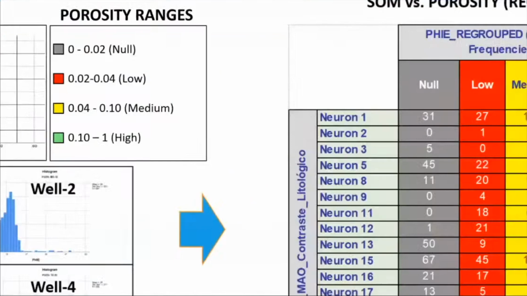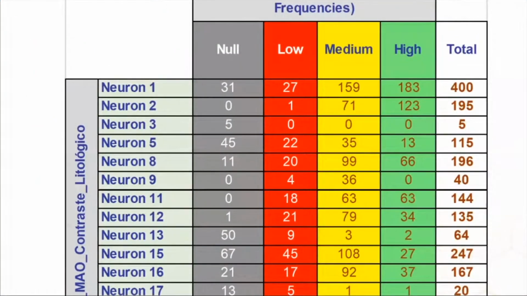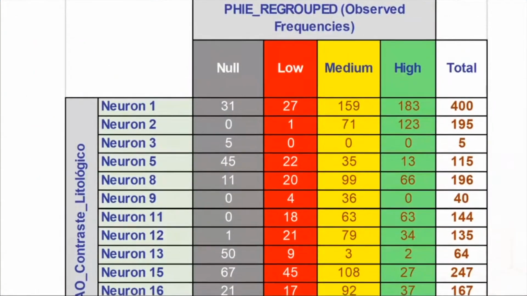Okay, and again, for neuron number one, maybe you have counts in the null and low categories of porosity, but you have a little bit more proportion in the medium and high categories of porosity.